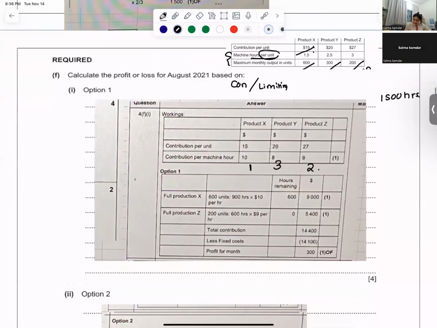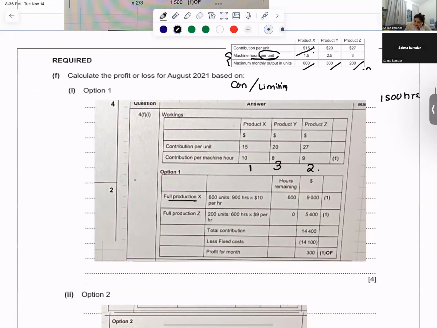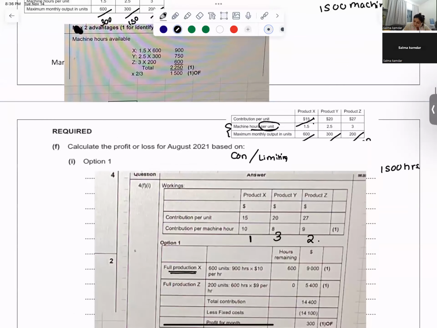Then I should produce product Y. So full production should happen for X, and full production of X requires 900 hours. So from 1,500 hours, if I remove 900, I still have how many hours? 1,500 minus 900. I still have 600 hours.